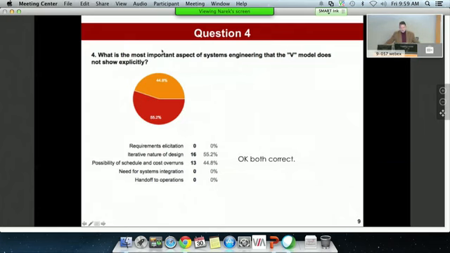Question 4, what is the most important aspect of the V model that is not shown explicitly in the V? I think there are two answers here, and both are correct. The iterative nature of design, we'll hear about this in the Octanus project. The V model does not imply that you're automatically doing a waterfall stage gate process, where you're only doing trade studies once, only testing once.